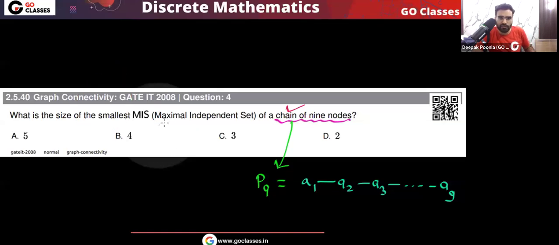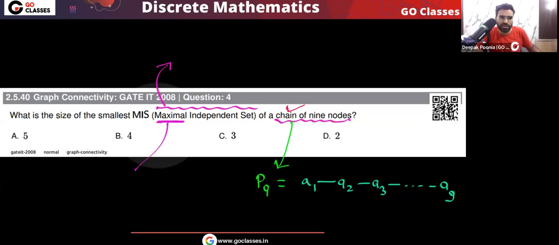What is the definition of a maximal independent set? This is an independent set in which we cannot add a new element without losing the independent set property. Very simple. Maximal simply means it cannot be made bigger.